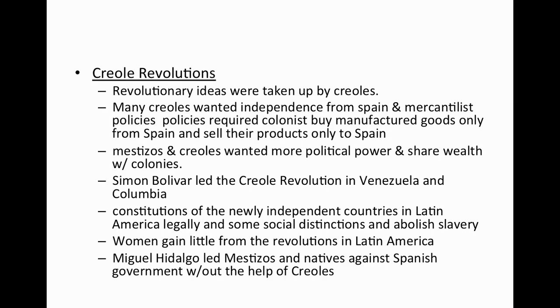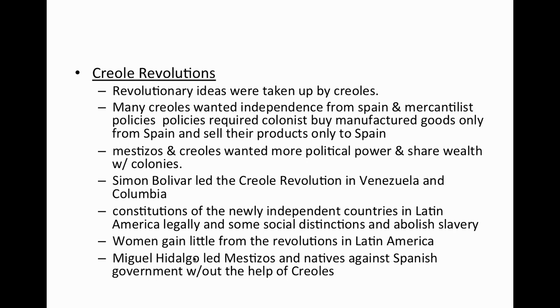Then we have the Creole Revolutions. We wrote a DBQ about that. Simon Bolivar would be the historical figure in his Jamaica letter, which was kind of a letter to encourage these revolutions. The result would be independence for the people of Venezuela and Colombia, Argentina, and eventually Brazil. Women gained very little from these revolutions in Latin America.